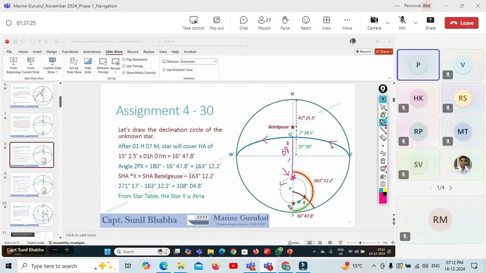And then after 1 hour, it will become another point, 16 degrees 47 minutes. Initial observation, it was here, and after 1 hour, sidereal hour, it will cover this much of distance. So this green color angle is 16 degrees 47.8 minutes. It will come at this location.